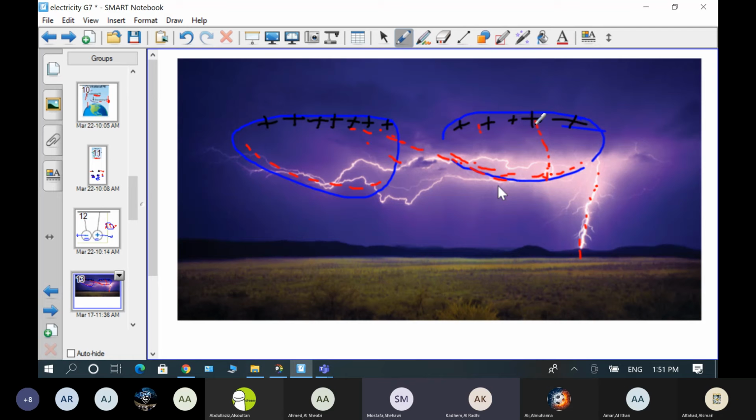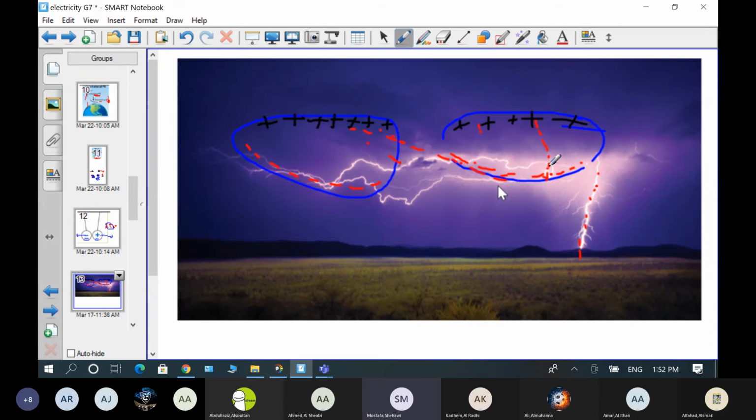What happens next? Then the negative charge falls down with the lightning. At some level, the accumulation of negative charge on the bottom of the cloud will be strong enough to start an electric discharge.